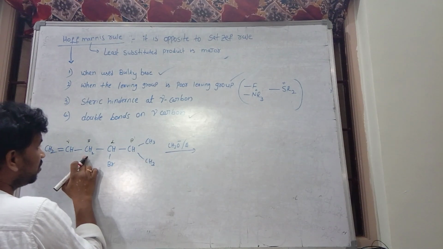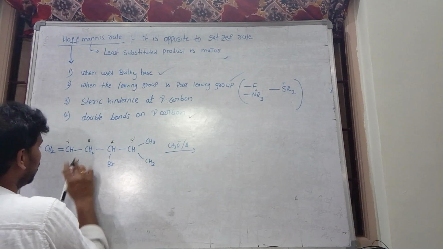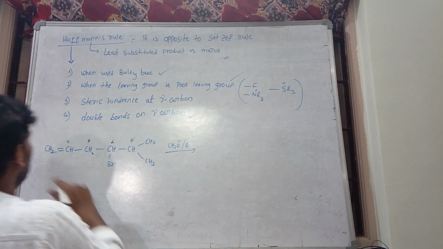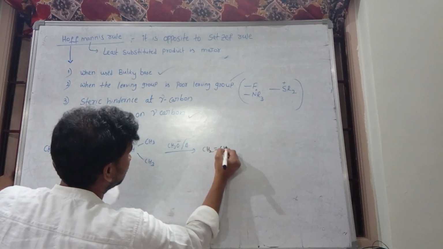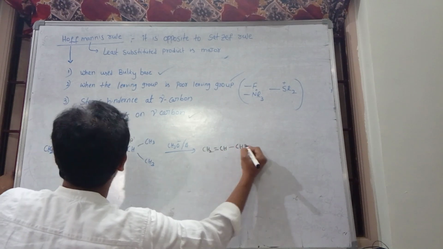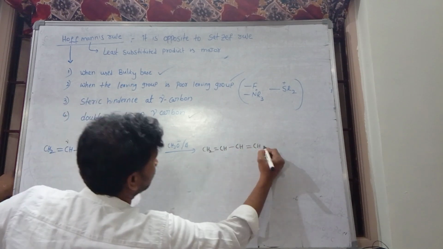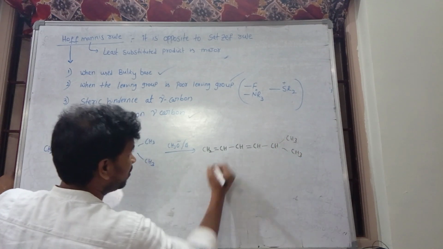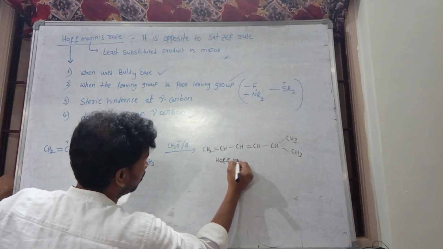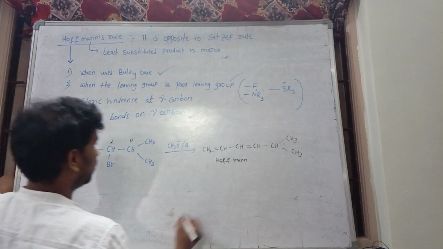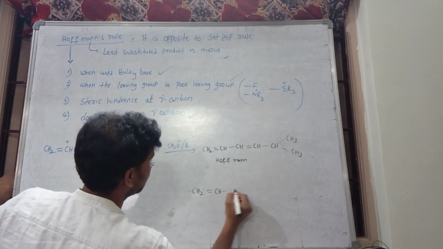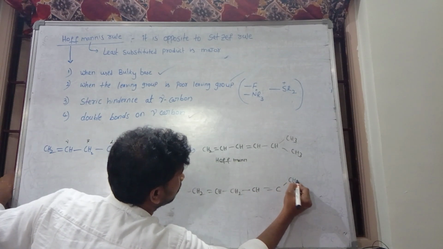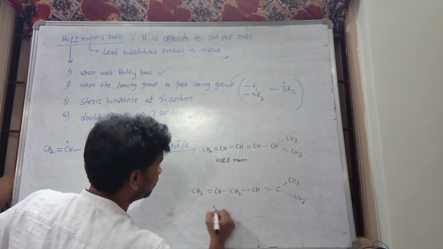If it takes from here, this is the Saytzeff. Now if it takes from here, then CH2 double bond CH, CH double bond CH, CH, CH3, CH. This is the Hofmann product. Next, CH2 double bond CH, CH2, CH double bond C, CH3, CH. This is the Saytzeff product.